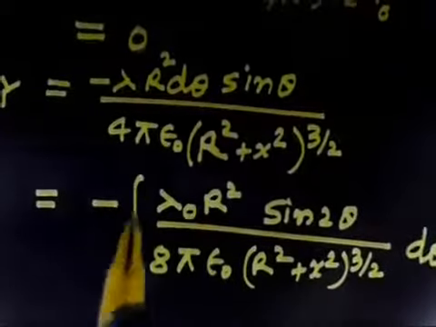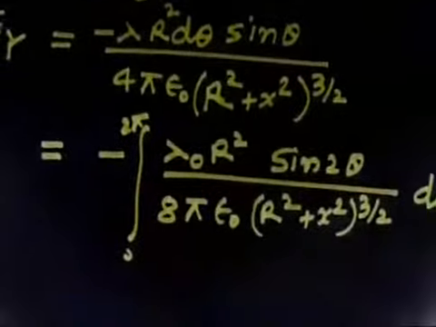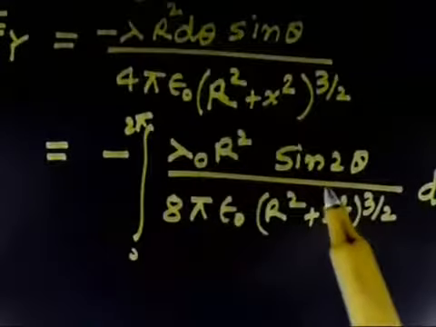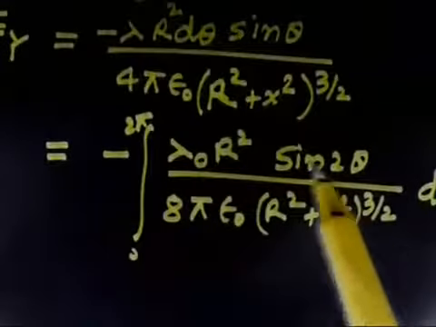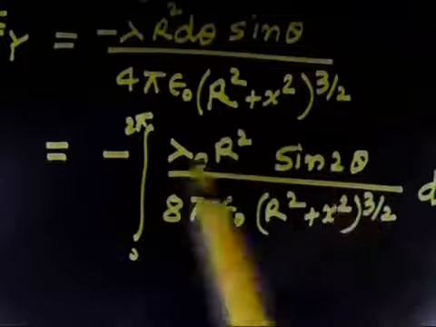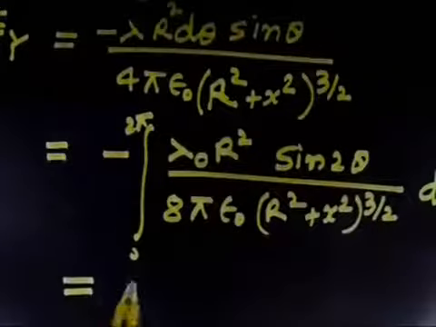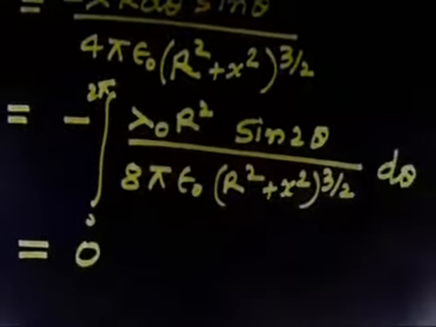I have to integrate this from 0 to 2 pi. Are you getting or not? And the integration of sin 2 theta gives cos 2 theta, which is 1 at 2 pi and also 1 at 0, so this integration will again be 0. You can check yourself.